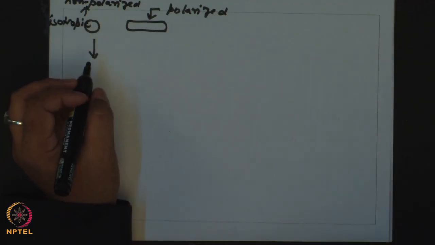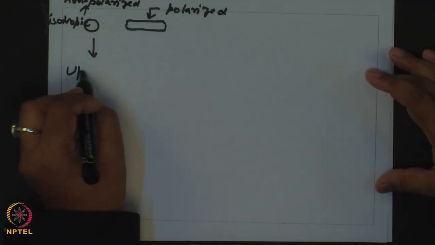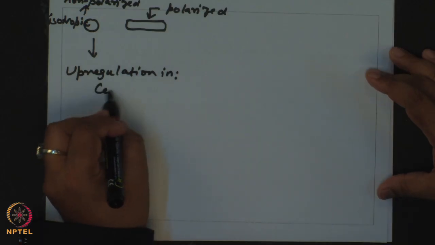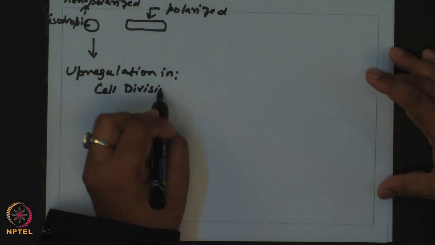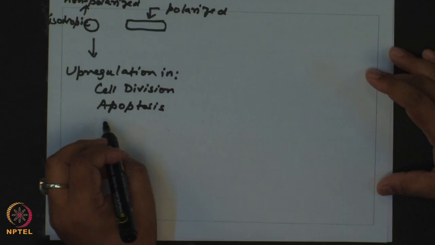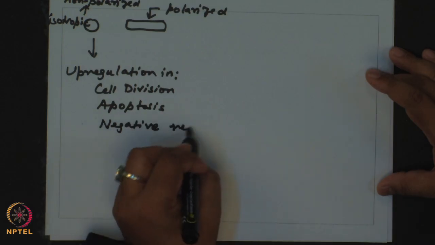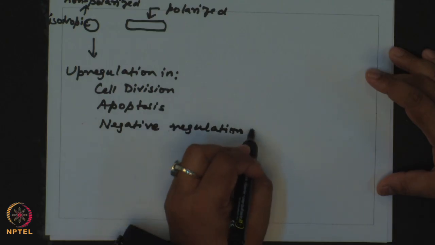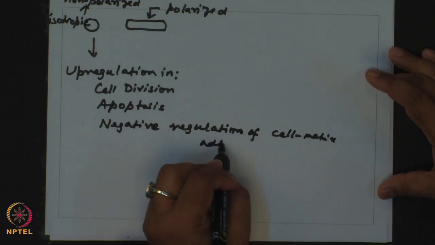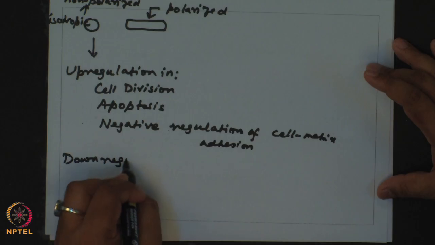Okay. So, what they found was that on these circular patterns they had upregulation in cell division proteins, apoptosis genes and regulators, and negative regulation of cell matrix adhesion. Again, there were some other signals which are down regulated on the circles.